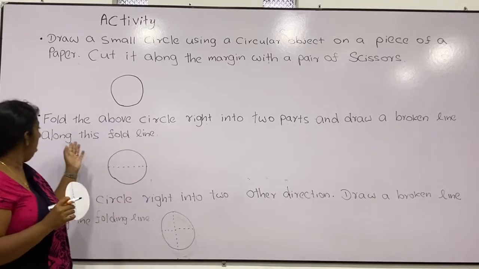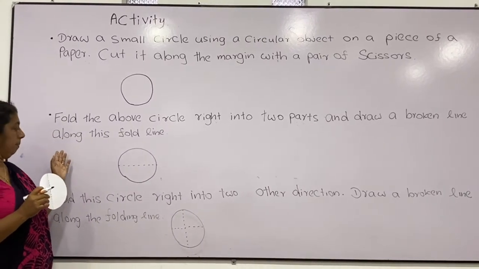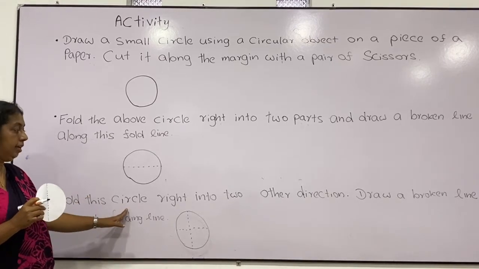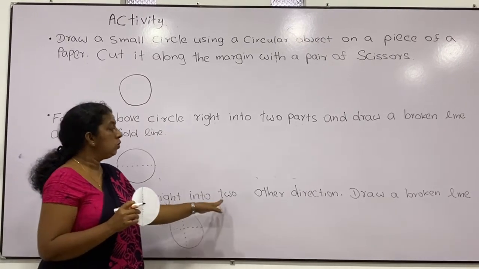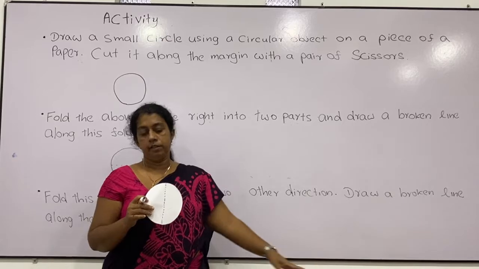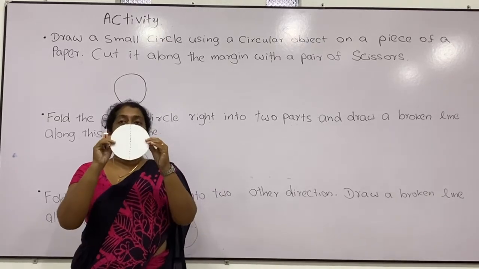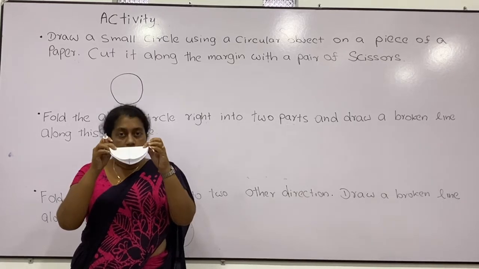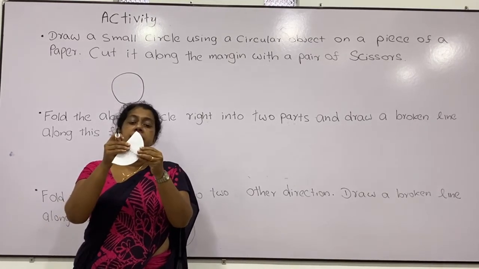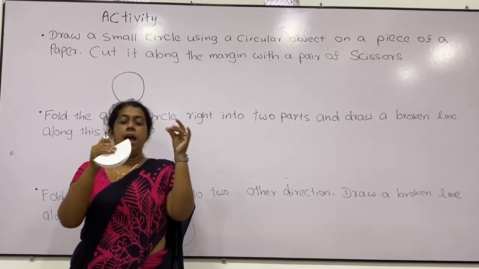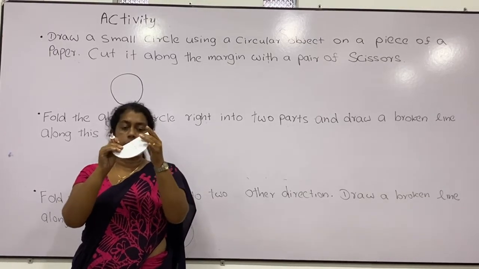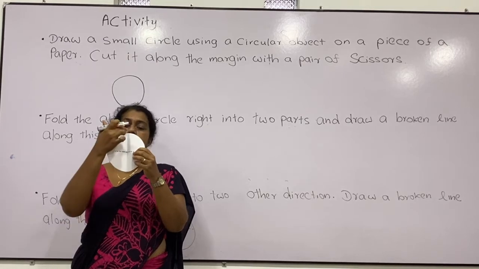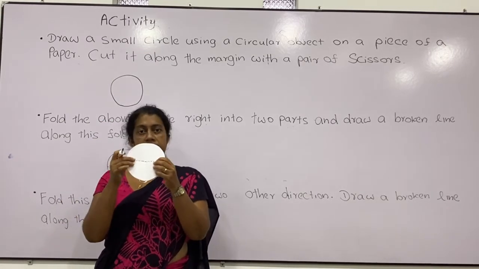Right. Look at the next step. Third step. Fold this circle into two in another direction. That means now you can take the circle again and fold it in another direction. You can fold it this way, and when you unfold, again you will have another folding line.